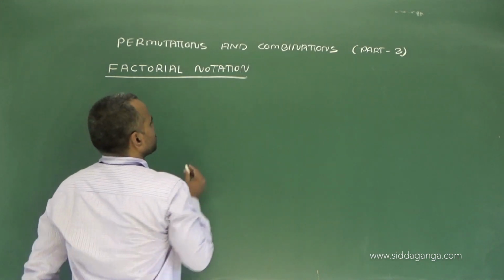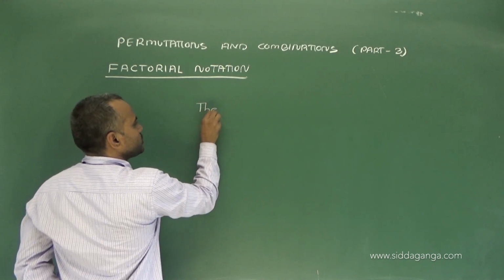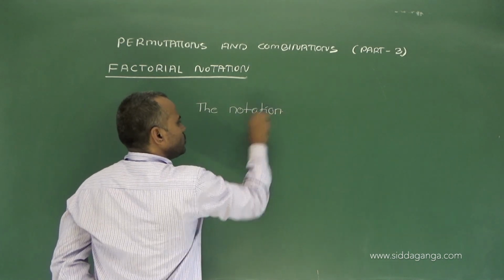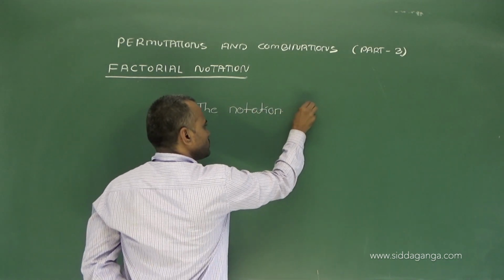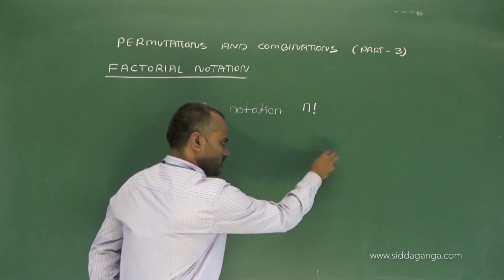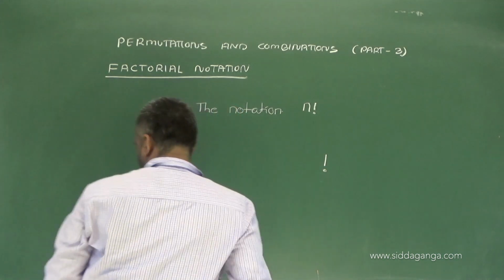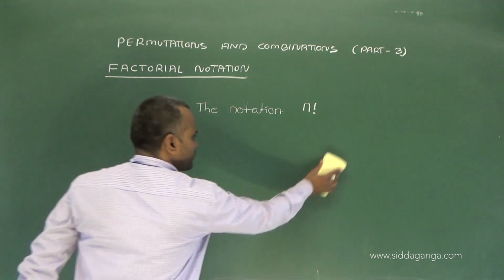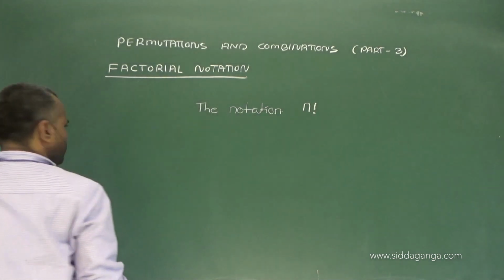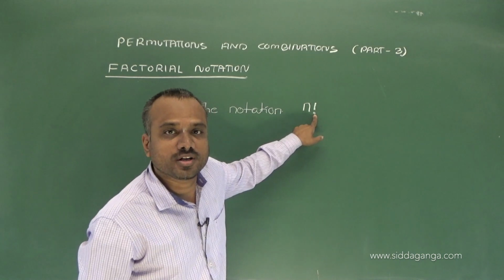Factorial notation means, observe here, I write the definition first. The notation n! is the symbol. We write it like this. The notation n factorial, so we read this as n factorial.